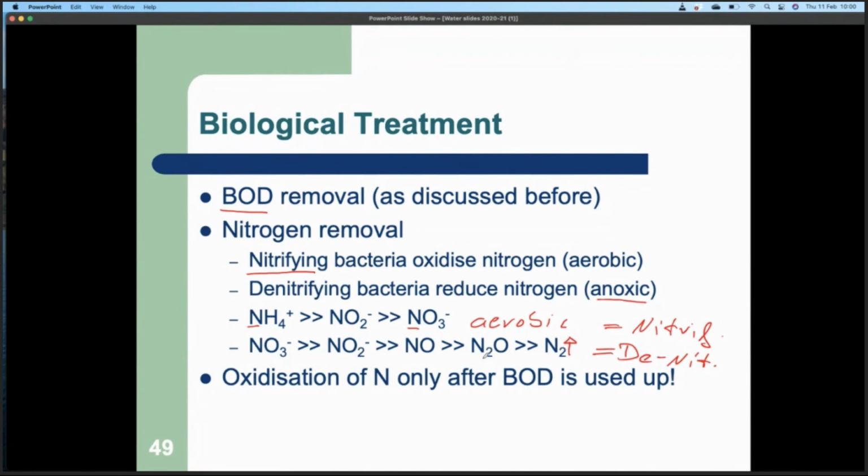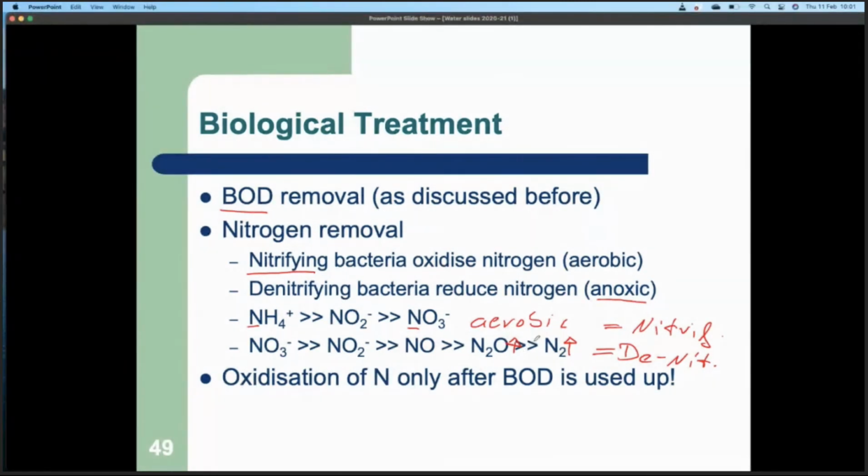The eagle-eyed amongst you will know that nitrous oxide is also a gas. So nitrous oxide might escape into the atmosphere as well. In fact, it's relatively easy to create nitrous oxide because it normally is a byproduct, particularly if there's some inhibition.